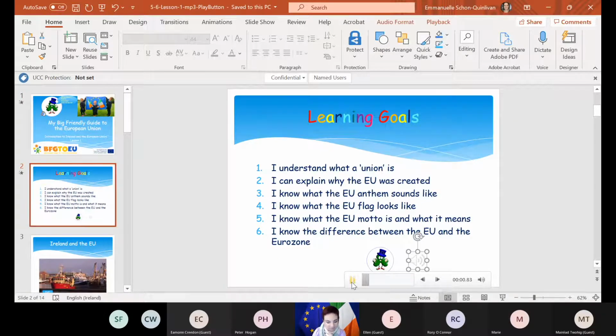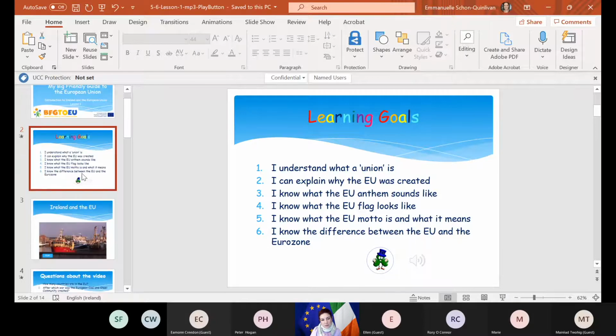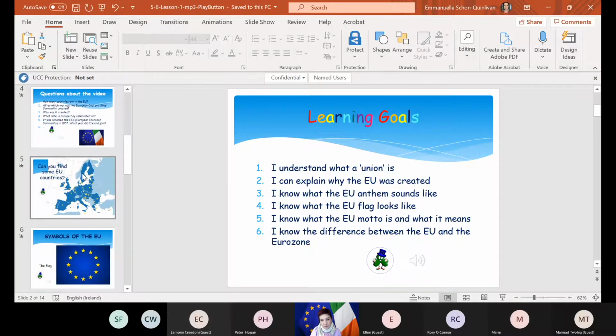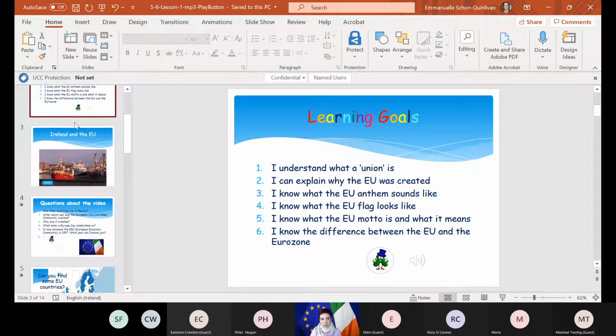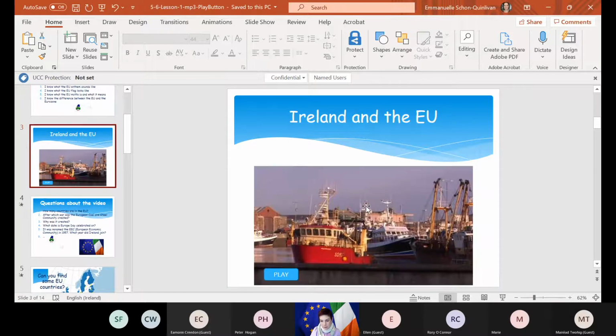But here he is. Pick an EU flag. This will be your country for the next 6 weeks, so choose wisely. So this is the country that, when you do the simulation, you can pick with an EU flag. These are the lesson slides. We go about the creation of the European Union, Ireland and the European Union.